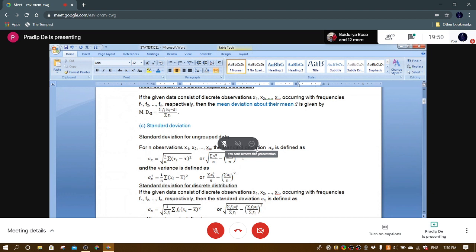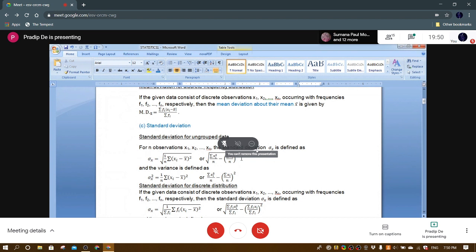So if x bar is a whole number, it is fine. If not, it is advisable to use the equivalent second formula instead of the first. This is absolutely all right, perfect. It is the same formula in a different form, but here we don't have to find out the mean separately.